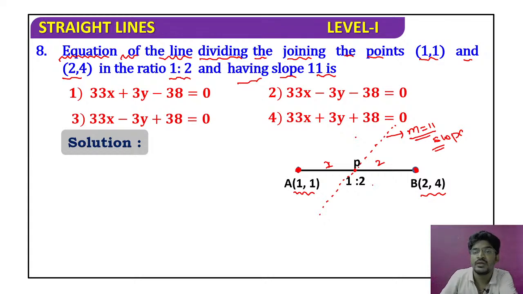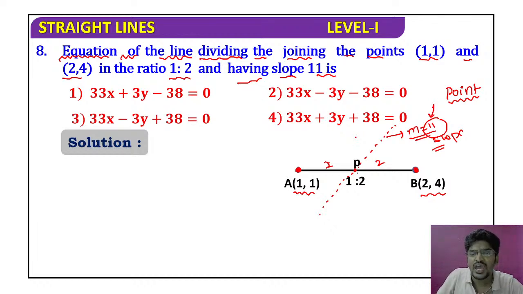Clear? Okay. So now I know the slope. If I get one point, since they have already given the slope, using the point and slope you can find the equation of the line. See, the slope of the line is given as 11.